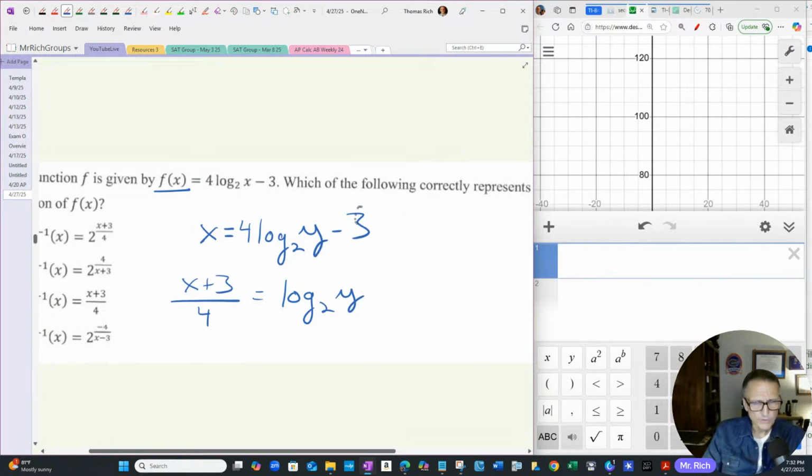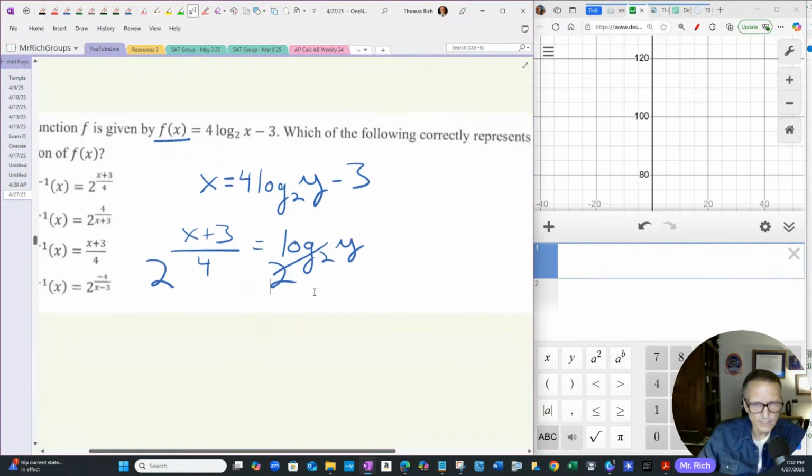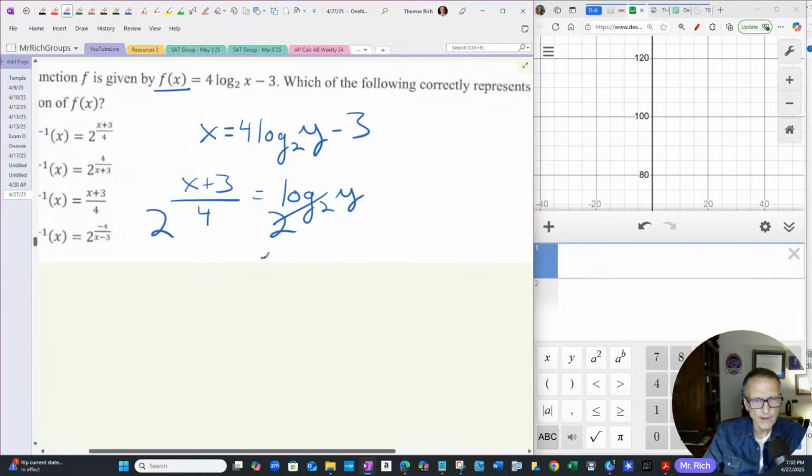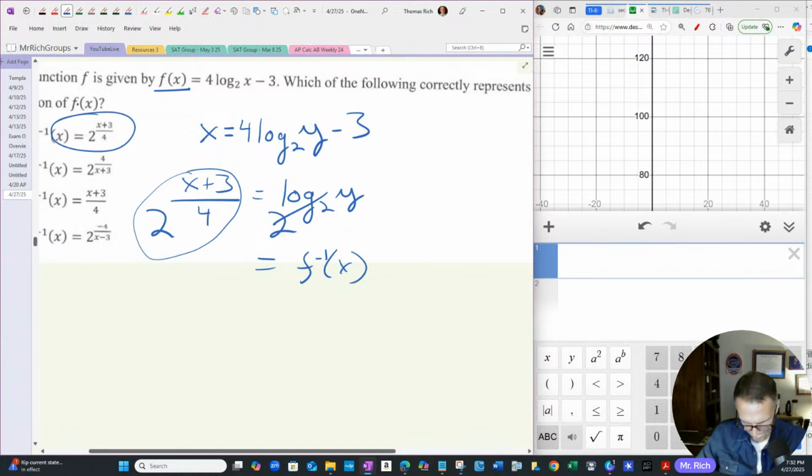The next thing that we do is exponentiate. I'm going to raise 2 to the power on both sides. That means that an exponential and a log of the same base are going to cancel each other out. It leaves me y, which is my inverse function of f, and that is going to be my answer, and we're going with that answer right there.